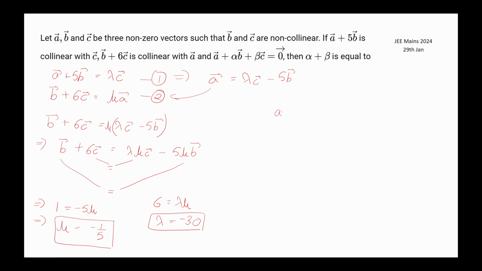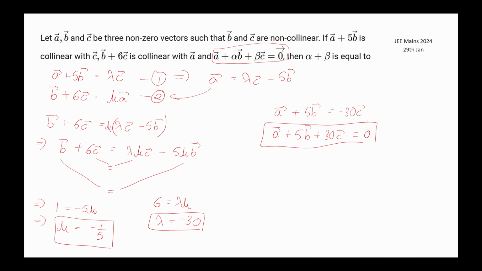What do we get? A vector plus 5B vector is equal to minus 30 C vector. Now exactly this is the equation that has been given in the question. If you look at it carefully, this can be converted into A vector plus 5B vector plus 30C vector equal to 0.